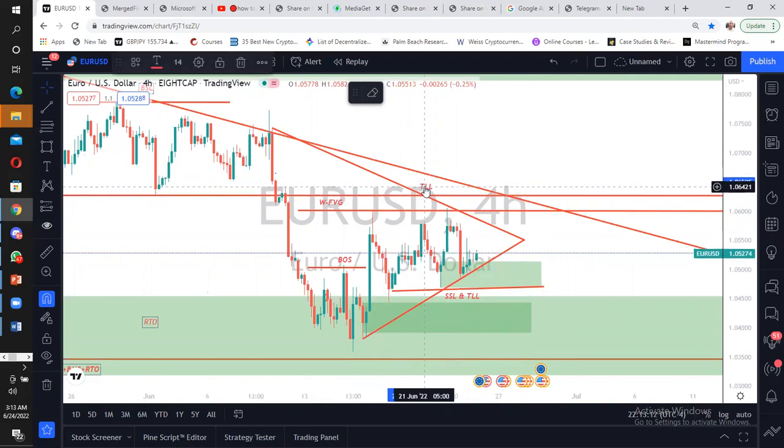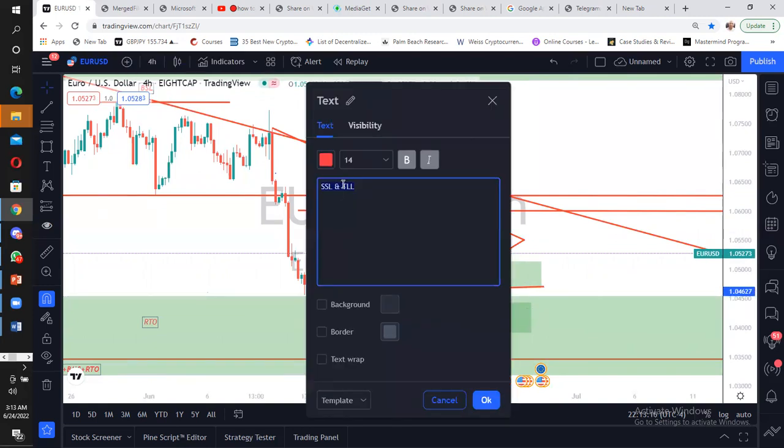It's actually called the sell stop trend line liquidity, right? Sell stop trend line liquidity.